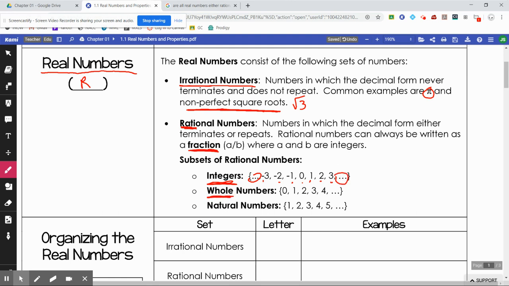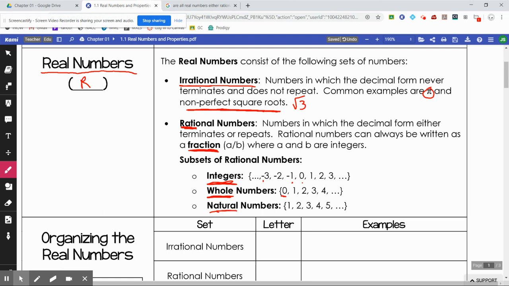Your whole numbers are the same values, except we're going to scratch the negatives, and that's going to be your whole numbers. A good way to remember it is your whole numbers start with a hole, like 0. And when I say hole, I mean like hole in the ground. It looks like a hole. So your whole numbers start with 0, and it goes 1, 2, 3, 4.